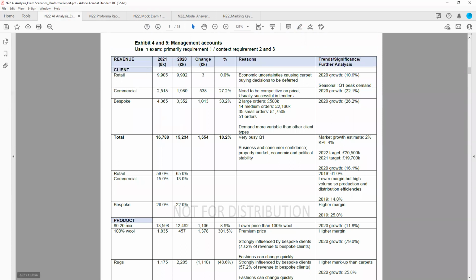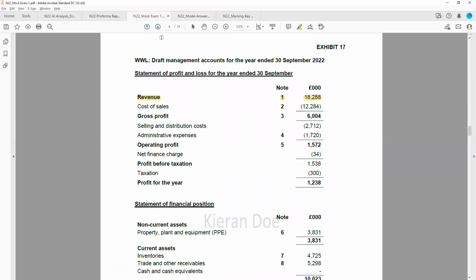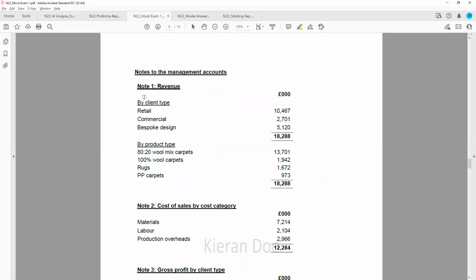So you may decide you want to put all of the 2021 numbers in first of all, and the mix, and you could have your formulas put in for mix, and then you could drag those across, but then you could put in your 2022 numbers. So we'd have revenue, and then we've got it, of course, in the note by client type and by product type.